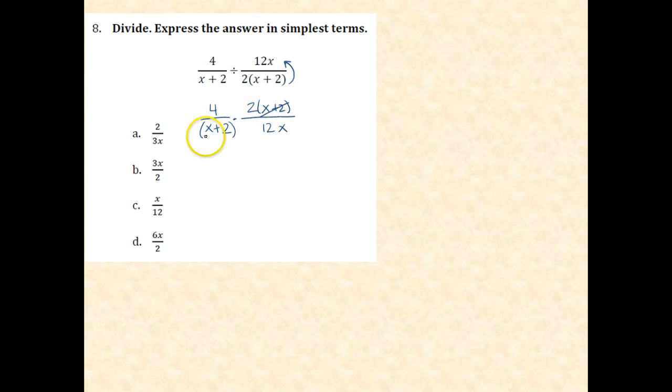The x plus 2's will cancel out, and then we get 4 times 2 on the top, and then 12 is 4 times 3. So these 4's will cancel out, and we're left with 2 on the top, and on the bottom 3 times x. So that's A.